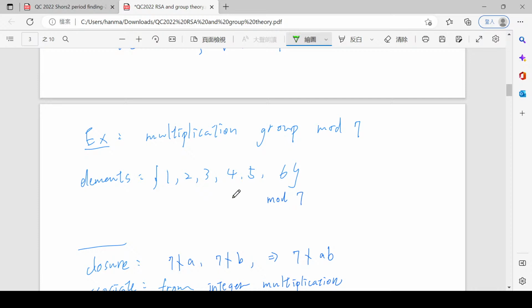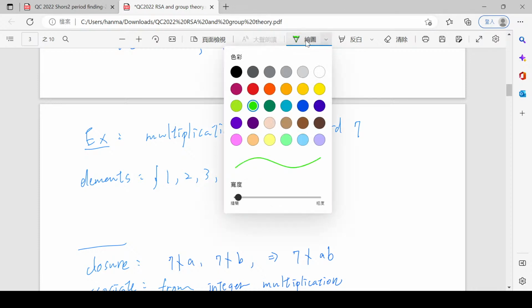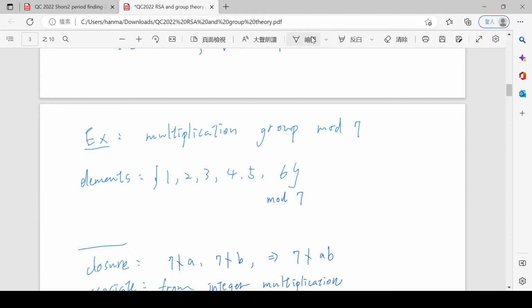So we have those elements, and the multiplication is just integer multiplication, integer multiplication mod 7.